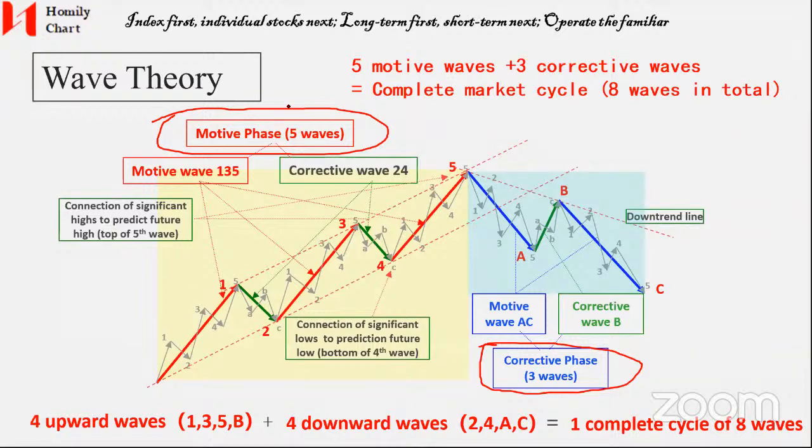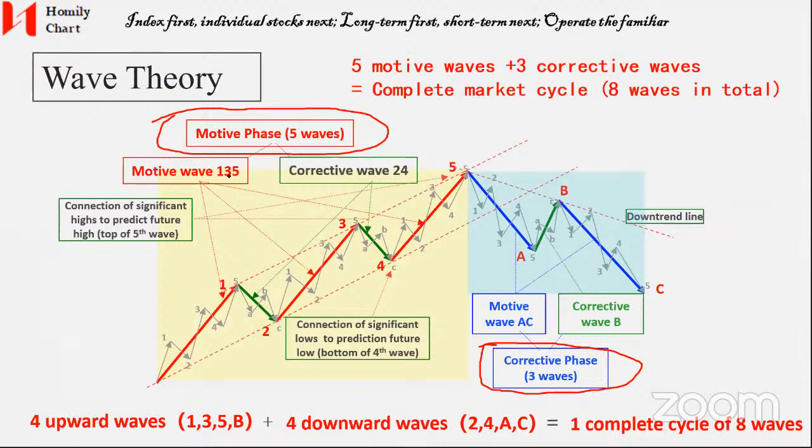In the motive phase, we have wave 1, 2, 3, 4, 5. These are the 5 waves in the motive phase. And in the corrective phase, we have A, B, C. Altogether, 8 waves, right? And waves 1, 3, 5 in the motive phase are upward.